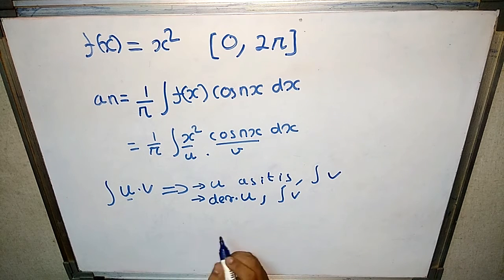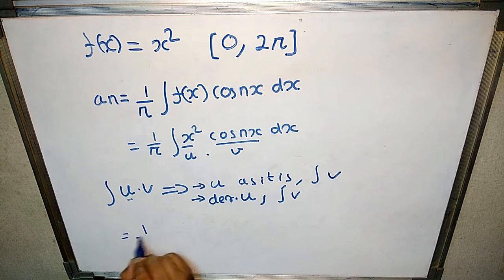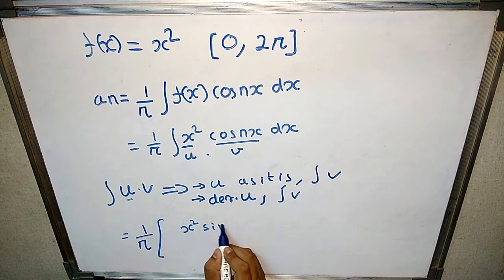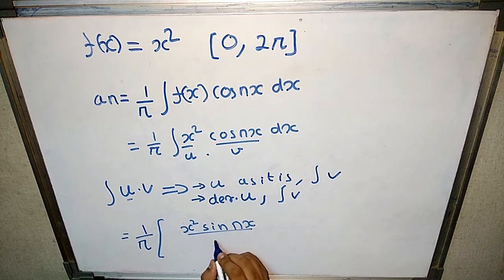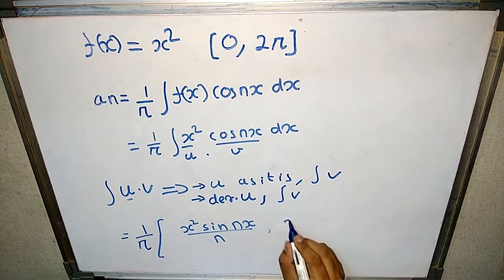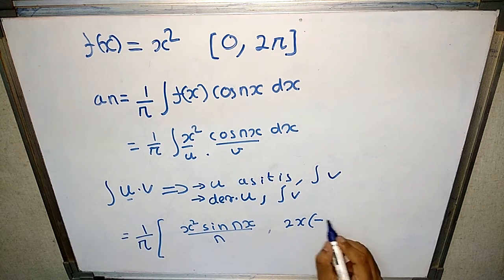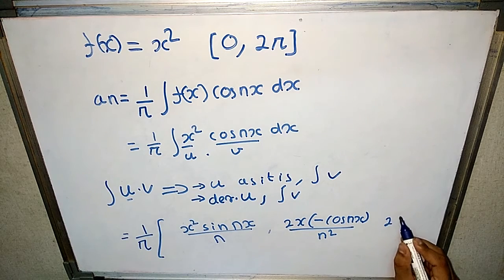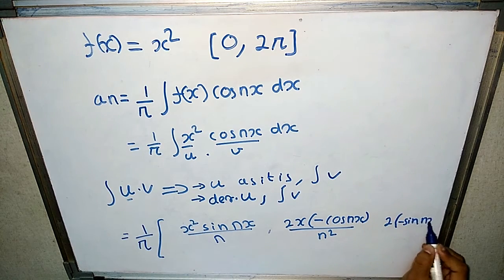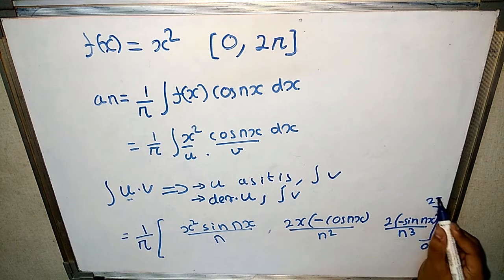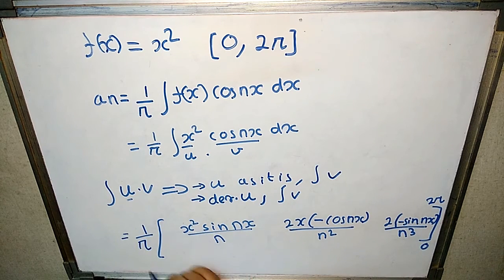After doing this we get divided by n, which is the extra part in the angle, and the limits 0 to 2 pi, and the signs in these are plus, minus, and plus.